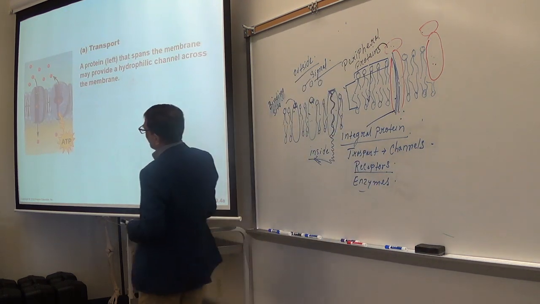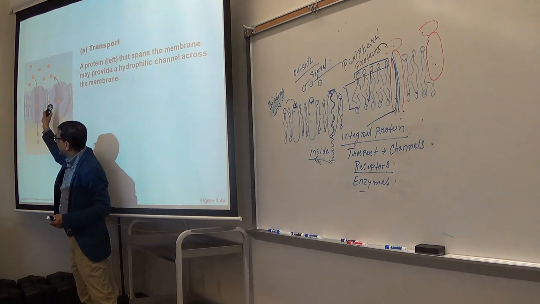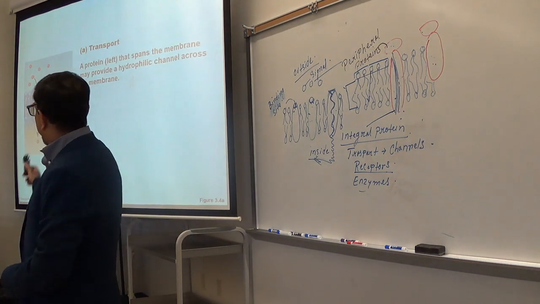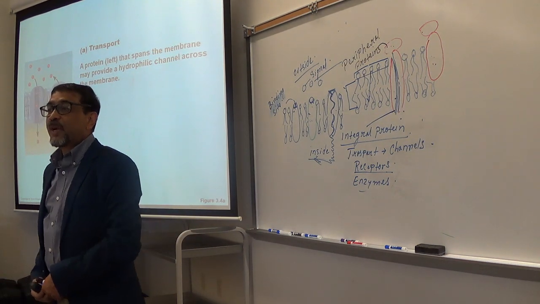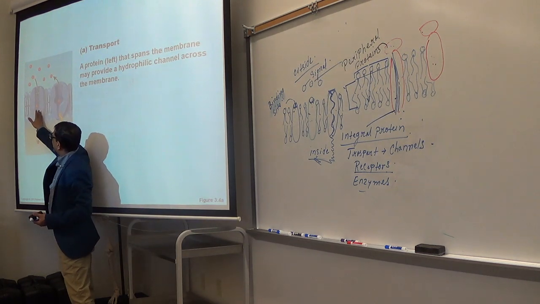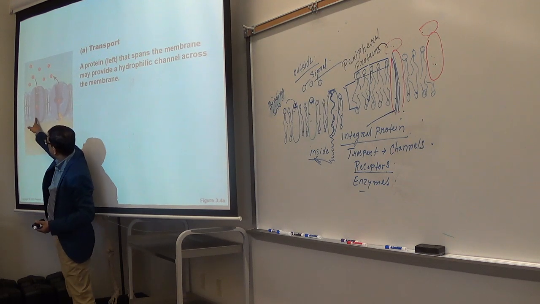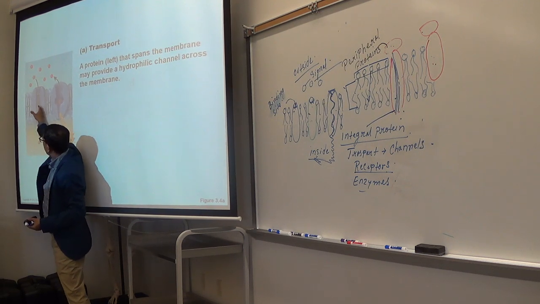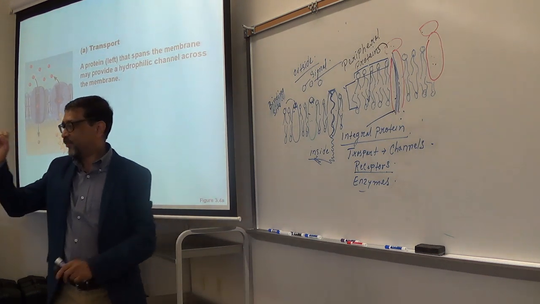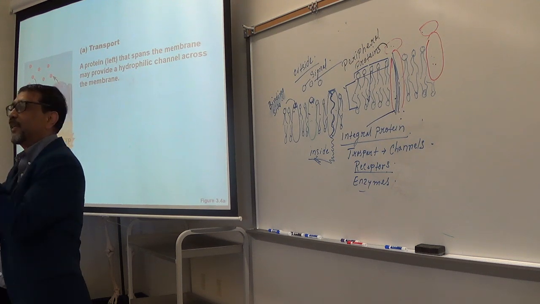You see here, these two are channel proteins because they have channels. Make sense? So, there are two types of channel proteins. One is where the small molecules, those smaller than the size of the channel, will easily pass through the protein. This is the protein. Those molecules are smaller than the size of the channel, they will easily get in or out.